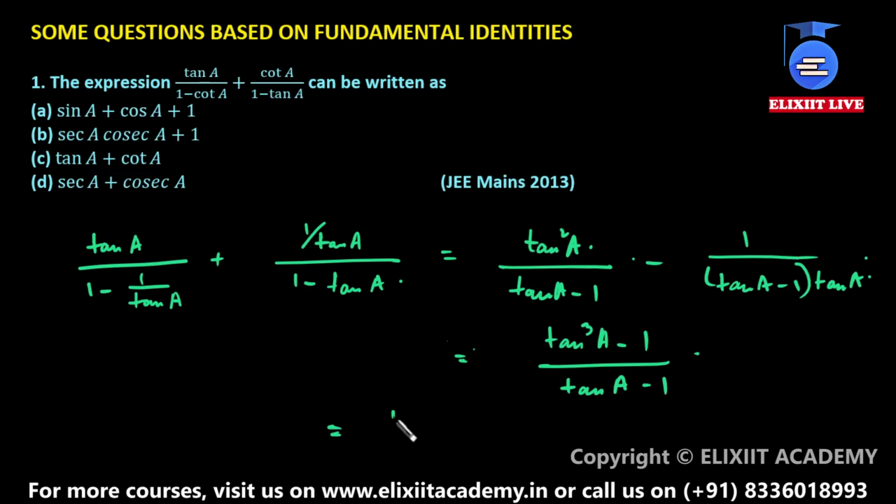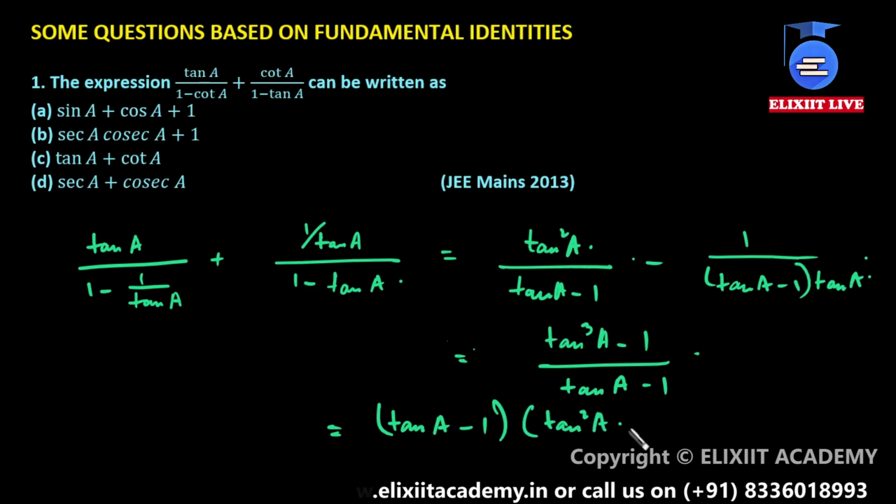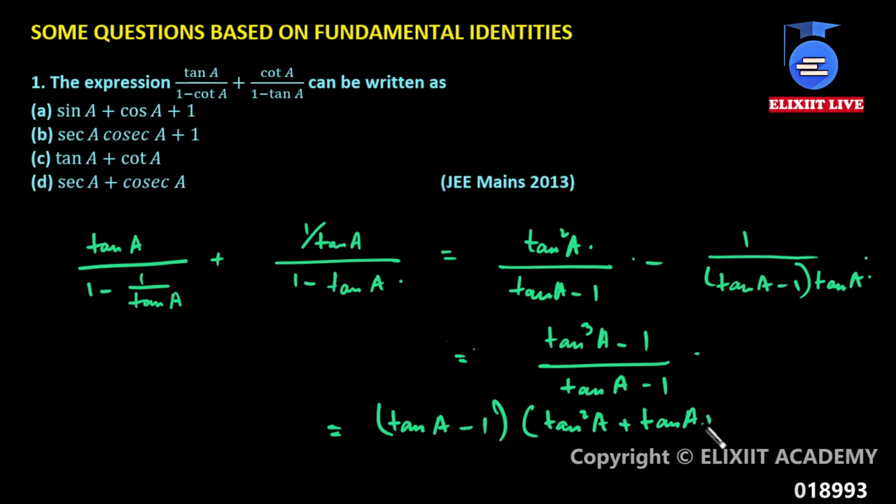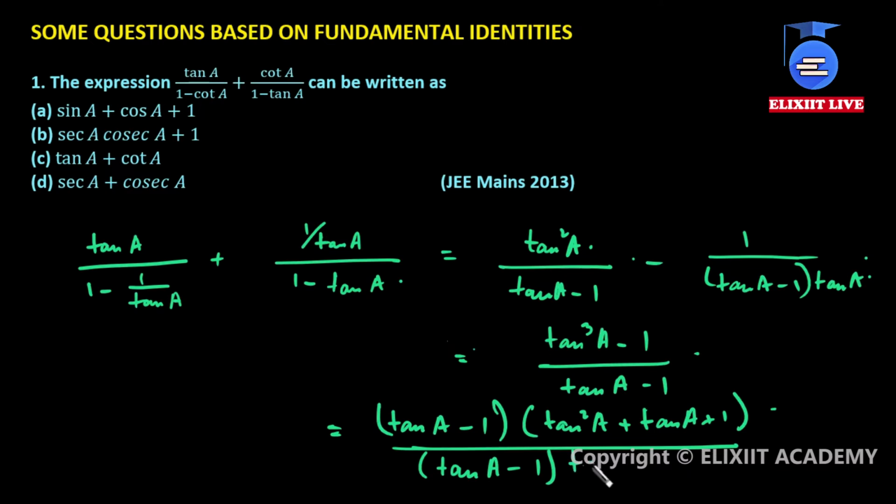So what is the formula? A minus B into A square plus AB plus B square, divided by tan A minus 1 into tan A. I actually missed out this tan A. So next, this part is getting cancelled out.